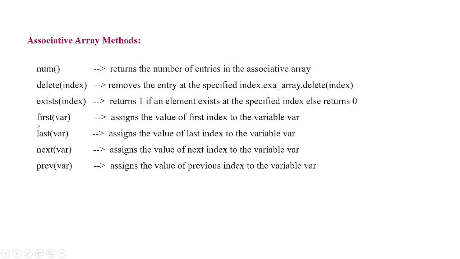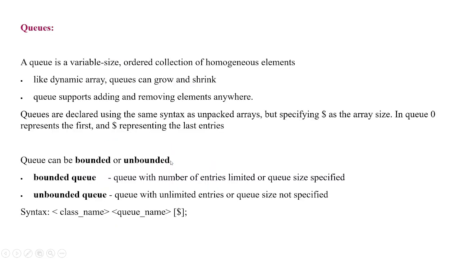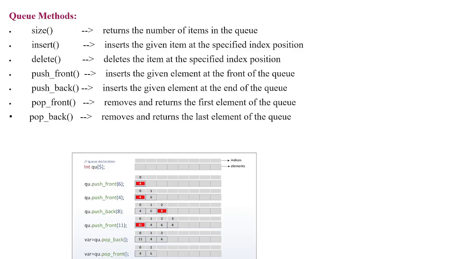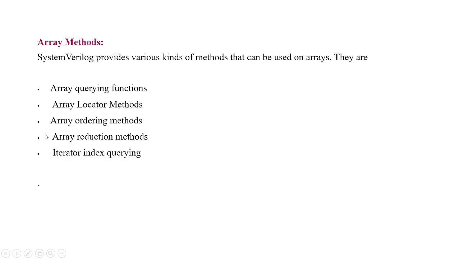First assigns the value of the first index, last assigns the value of the last index, next assigns the next value, and prev assigns the previous value. These are some built-in functions, and you need to know about them. Queues also we already saw: size, insert, delete, push, pop.